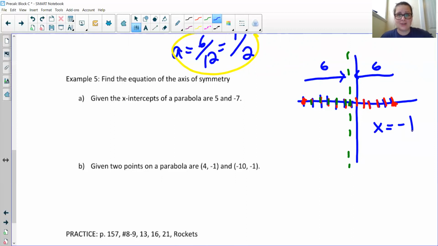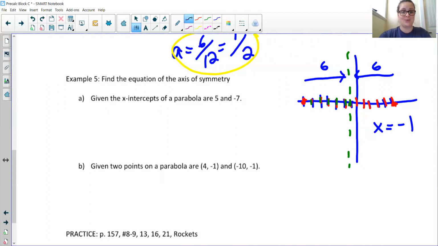What if the two x-intercepts were irrational numbers? What if they were, you know, negative 3,266 and positive 522? You don't want to be sitting there counting dash marks out. There must be a faster way to find it, and there is.